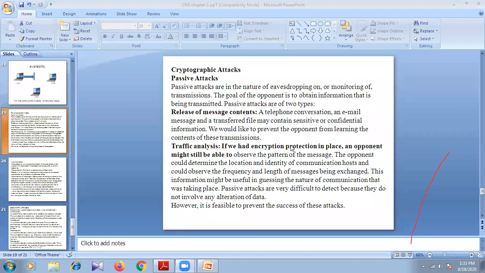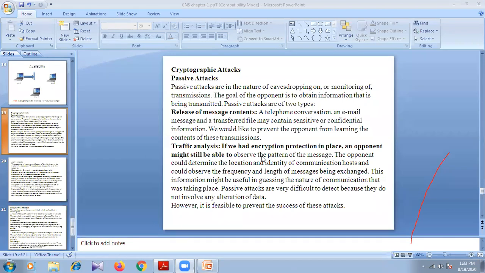Here you observe the pattern of the messages. That means more traffic between the users, so something is going on between those two points. For example, in a real-time environment, we track military operations. In military operations, from the headquarters to a particular point, we communicate continuously.